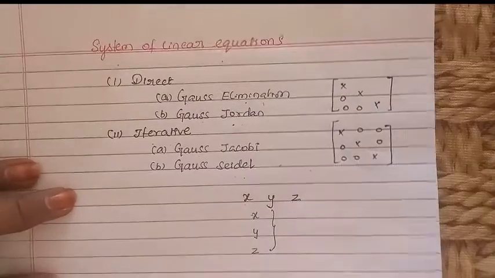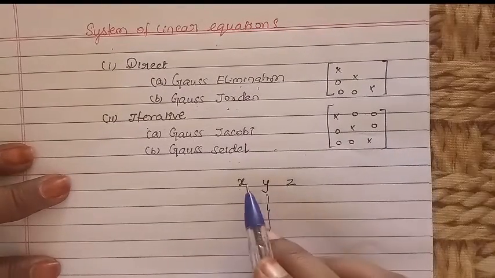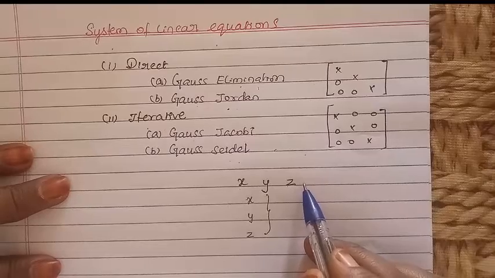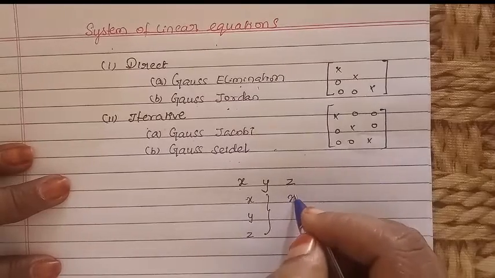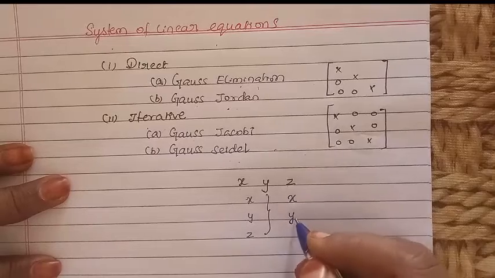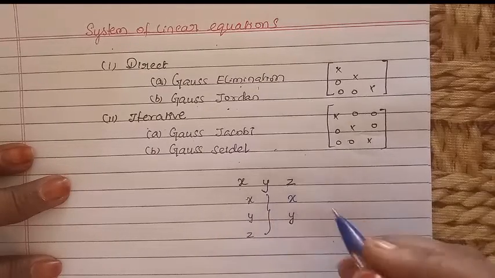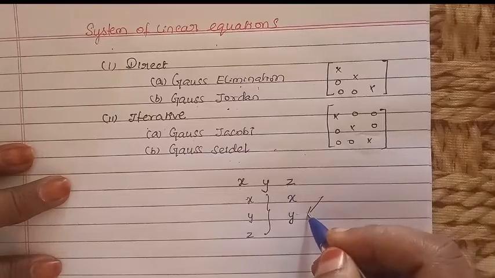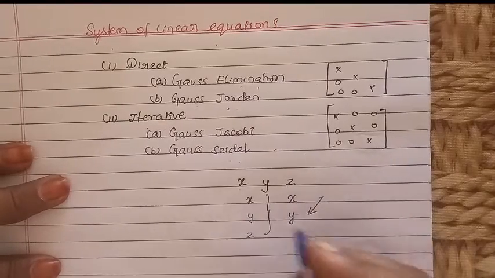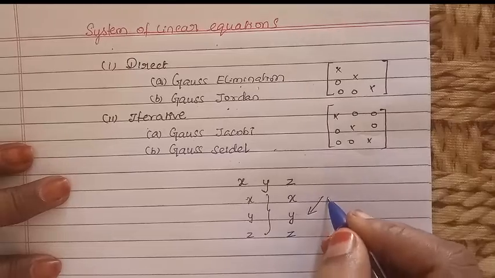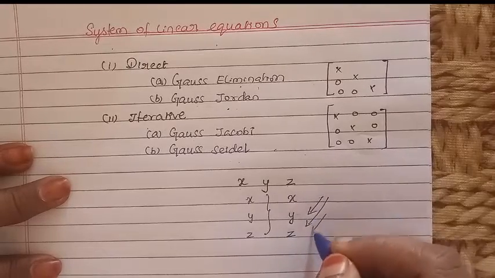But in the Gauss-Seidel method, we'll initialize the values of x, y, z to 0. When you initialize with 0, we'll get a new value for x. And to get the value of y, we'll not be substituting the value of 0 here. We'll be using the recent value of x to get the value of y. Similarly, to get the value of z, we'll use the new values of x and y.